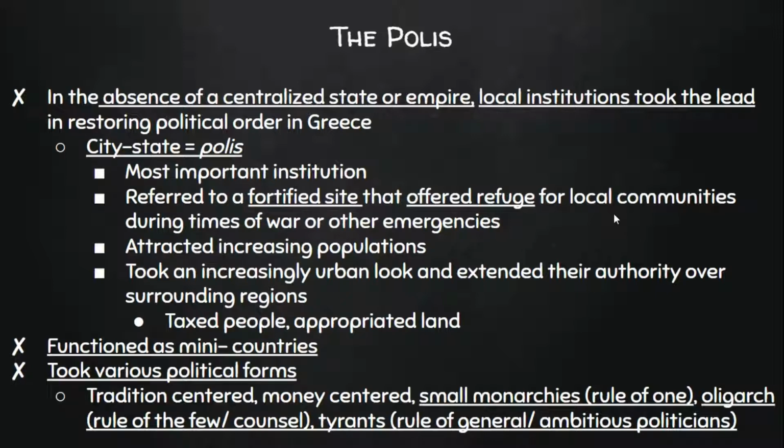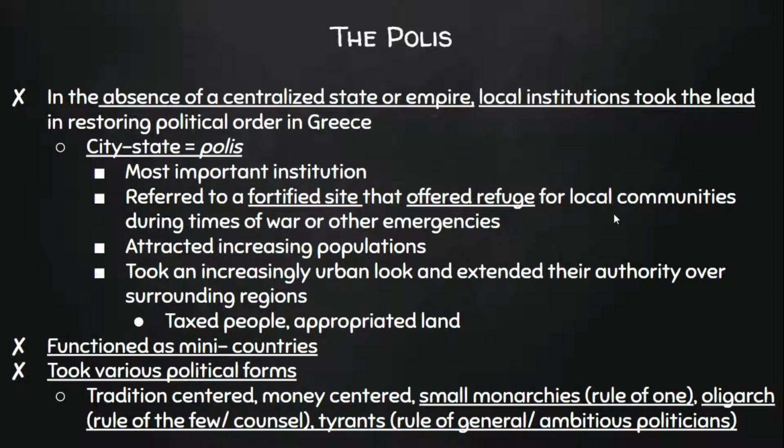They offered a fortified site that gave refuge to local communities during times of war and other emergencies, attracted a lot of people, thus creating this urban type of society that extended their authority over surrounding regions, where they started to tax people as well as appropriate or give out land to individuals. They essentially functioned as little mini countries.